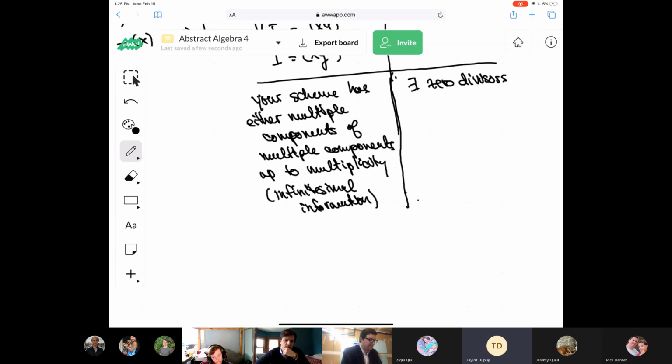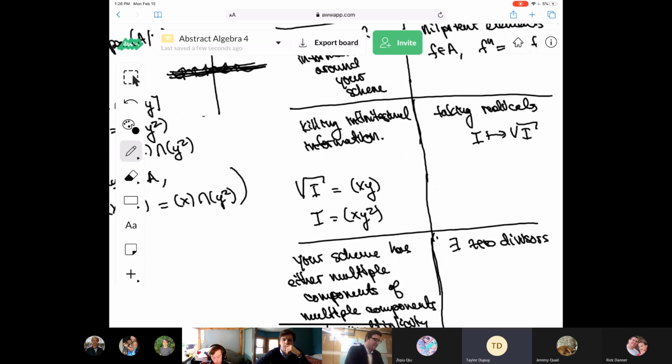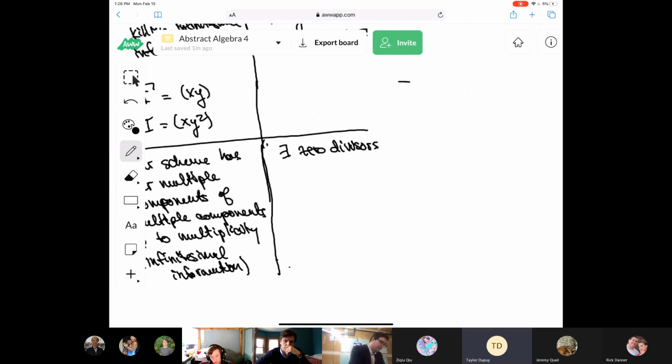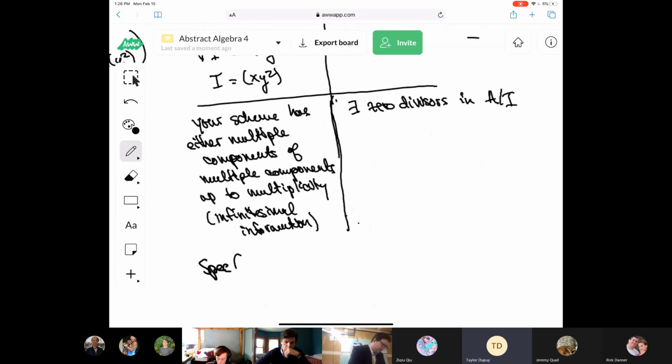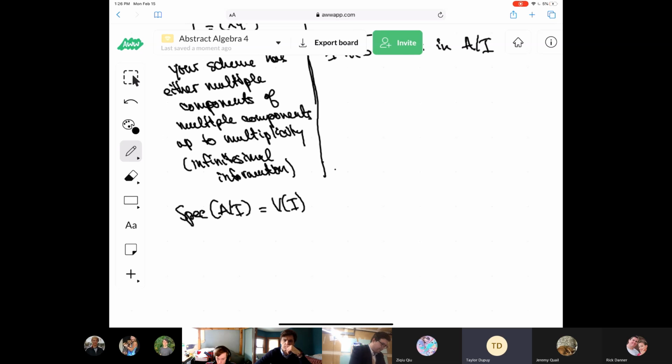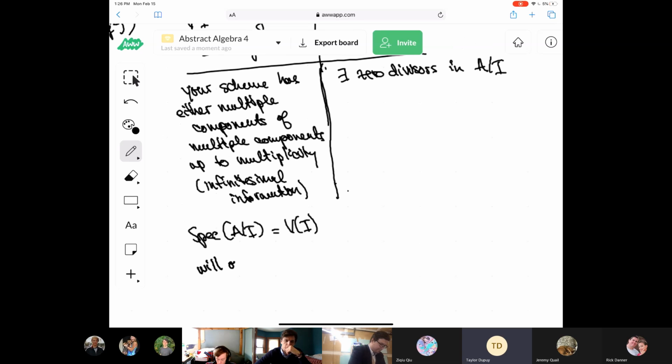What I was saying is, if there are no zero divisors in A mod I, then spec of A mod I, which is the same thing as V of I, will be one connected component, one component, and there's no infinitesimal information.